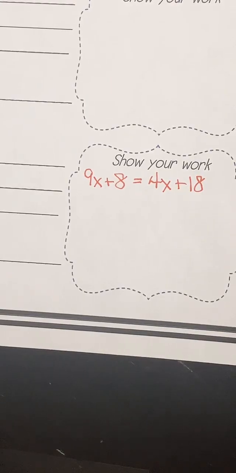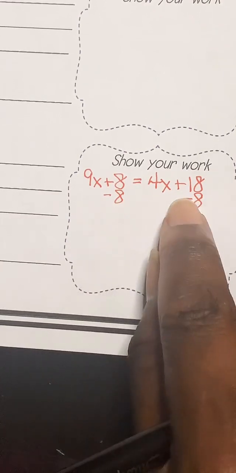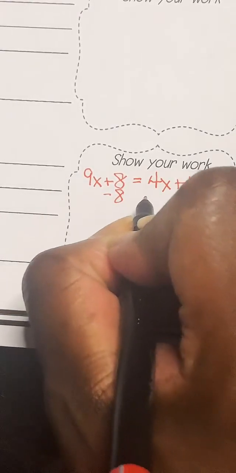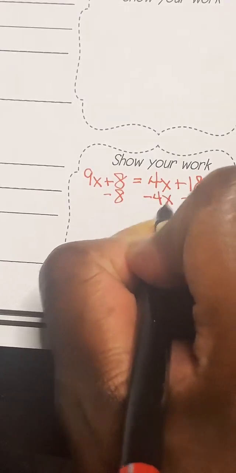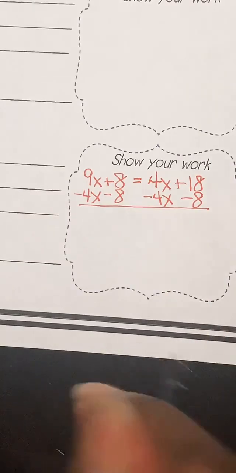All right, so now we can do that. We can subtract the 8 on both sides. So that means we're moving all our constants to one side. And if we subtract the 8, that means I need to bring that 4x over to the left side. So I'm going to subtract that on both sides. Eventually, as you guys do this, you will learn to do the movement of things in one line.